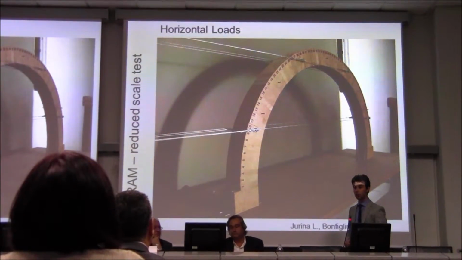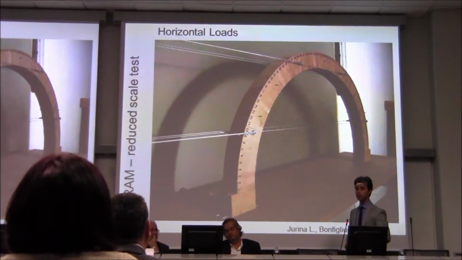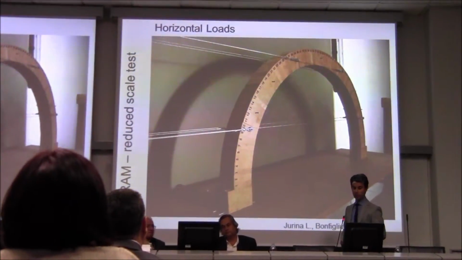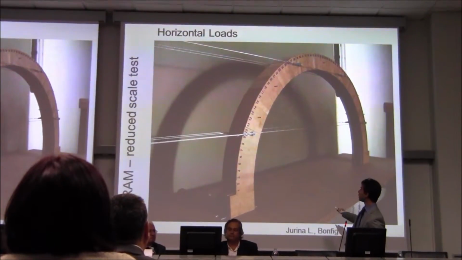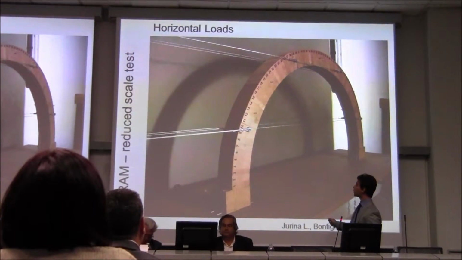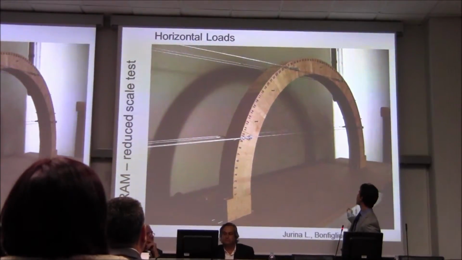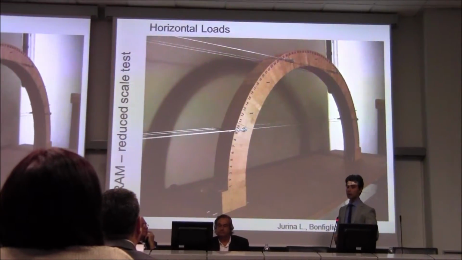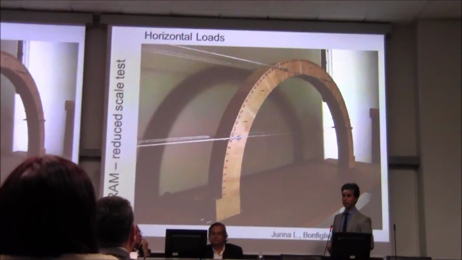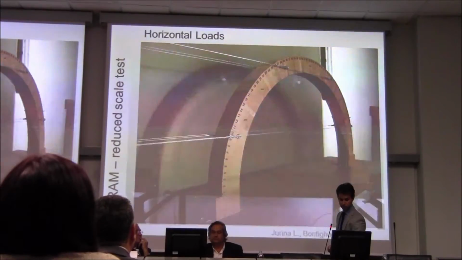Again, the third experimental campaign conducted by Lorenzo Iurina has been performed in 2011, and the same wooden arches have been tested by applying some horizontal load to simulate a seismic acceleration.